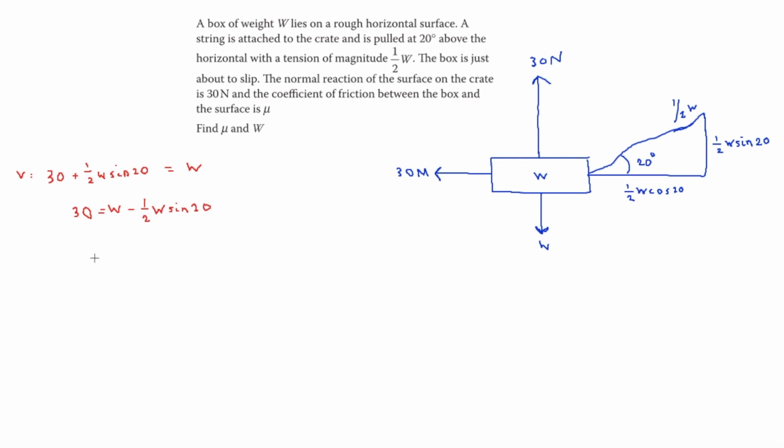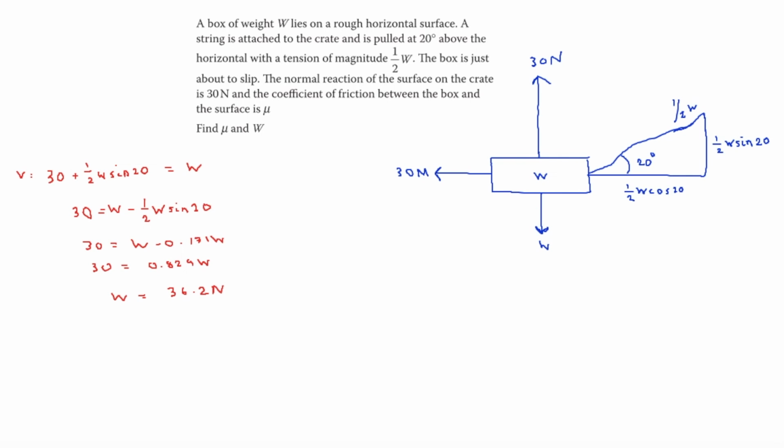So therefore 30 is equal to W minus 0.171 W. So 30 is equal to 0.829 W, which means that we can get W by doing 30 divided by 0.829. W is equal to 36.2 newtons. So now we have W.